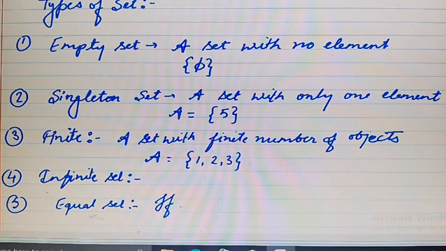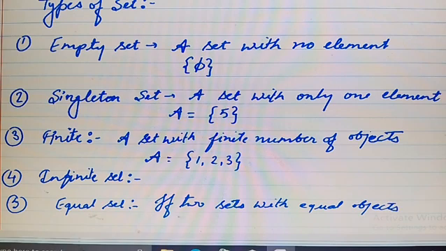The next one is equal set. Two sets with equal objects, as you can see, if A is equal to {1, 2, 3} and B is equal to {2, 1, 3}, it's called equal set.